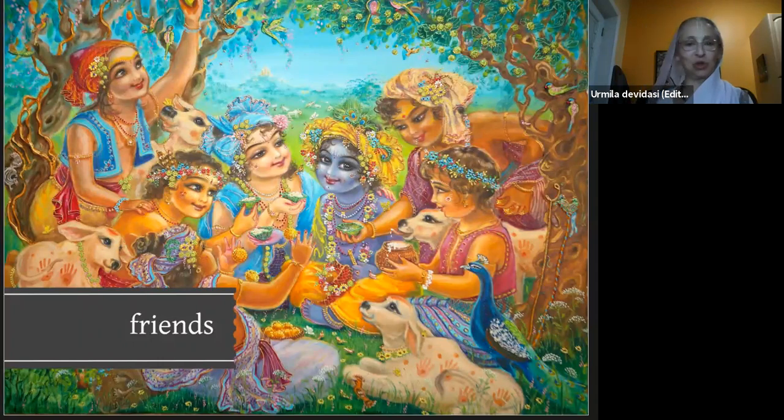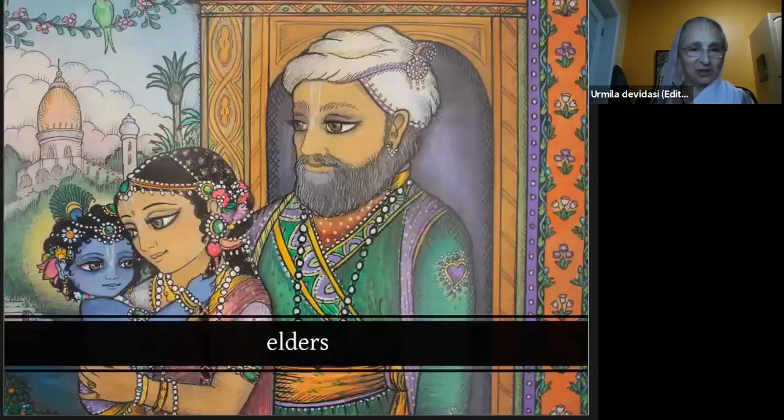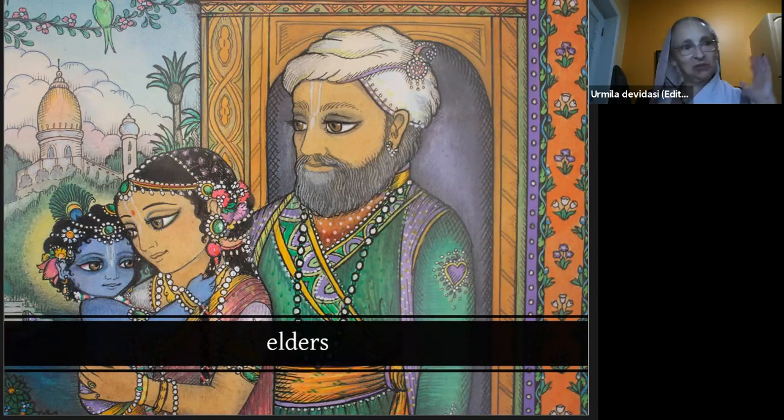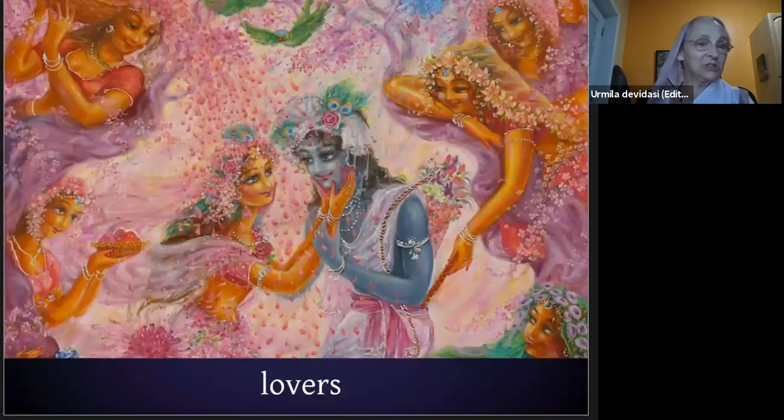Like you get together with a group of friends and you're all enlivening each other in your friendship for each other. The elders, you can think of how Yasoda and Rohini are enlivening each other. Nanda and the other cowherd men, they're enlivening each other. Nanda has brothers, he has a father, how many uncles and aunts, and we were just reading through the Radha Krishna Ganoddesha Dipika last night. So the elders are enlivening each other in love for Krishna, and of course, the lovers, the queens are enlivening each other, the gopis are enlivening each other.